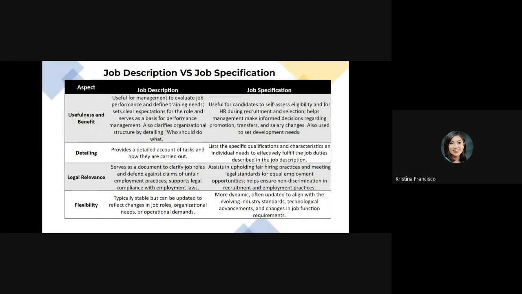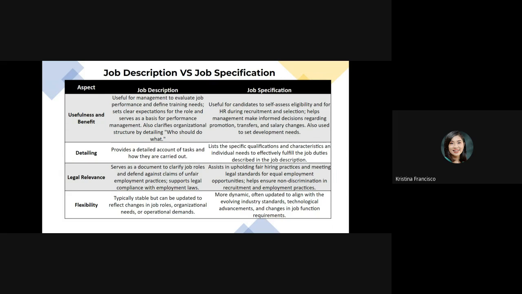For the usefulness and benefit, the job description helps performance management and role clarification, while the job specification assists candidates and HR in assessing eligibility and making promotion or development decisions.